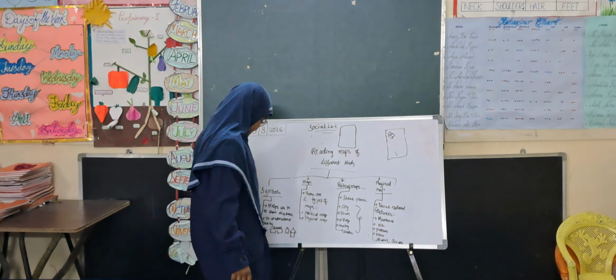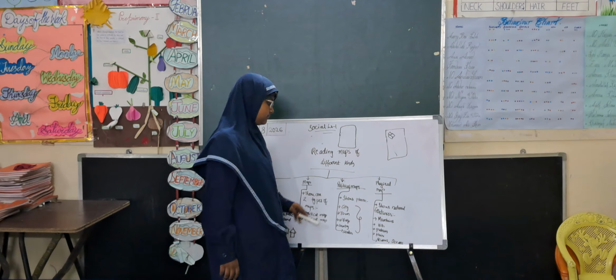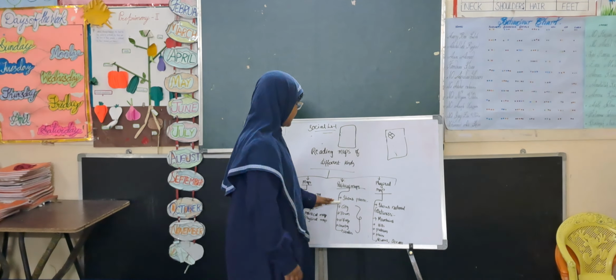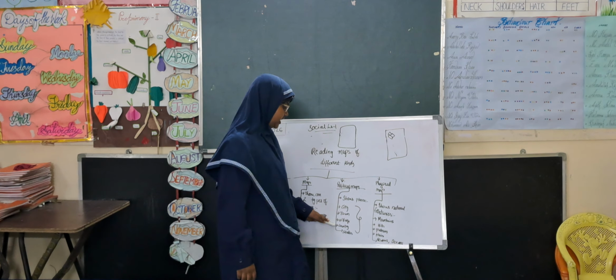There are two types of maps: political map and physical map. A political map shows us different types of places like cities, towns, villages, countries, states, and many other things.